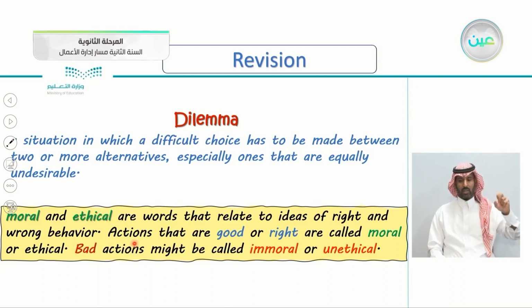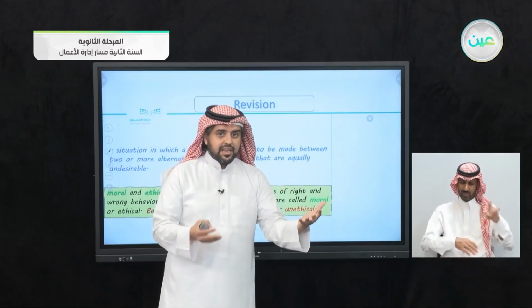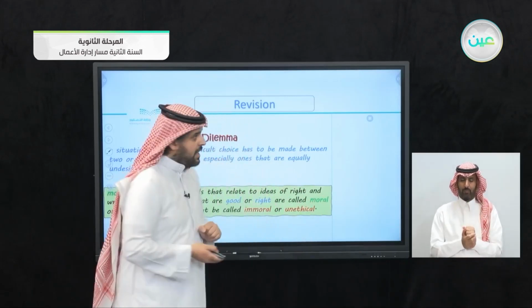Actions that are bad might be called immoral or unethical. The opposite of moral is immoral, notice the prefix im. And the prefix here is un, unethical. So we have moral, immoral, ethical, and unethical.